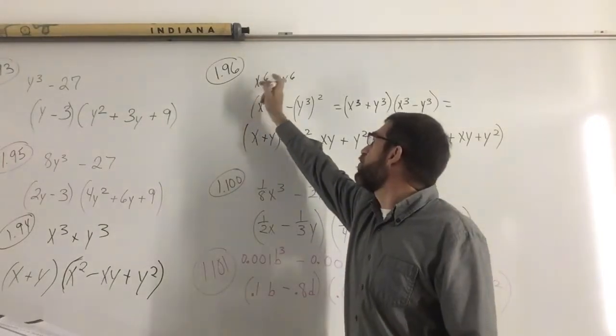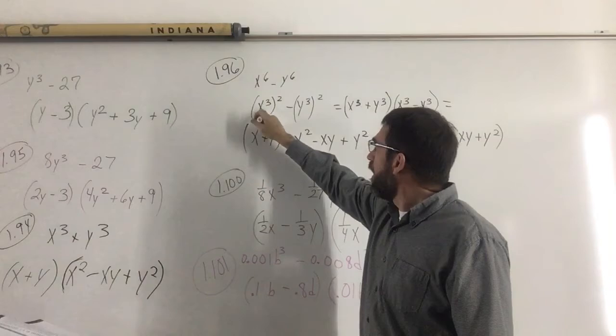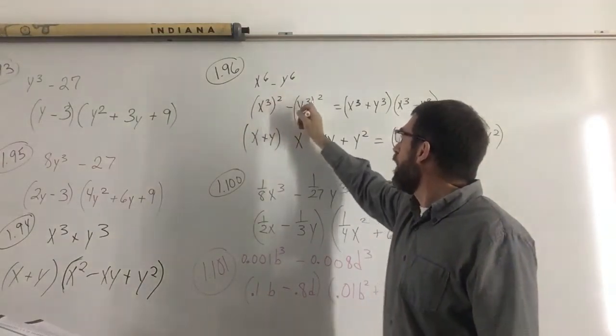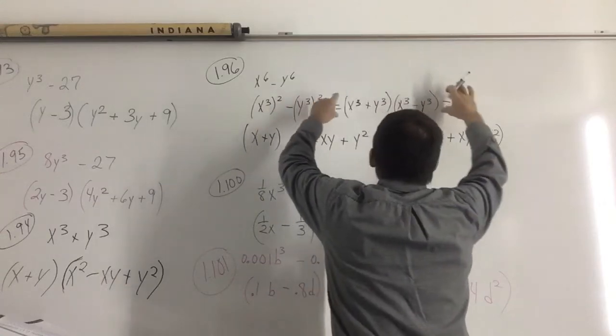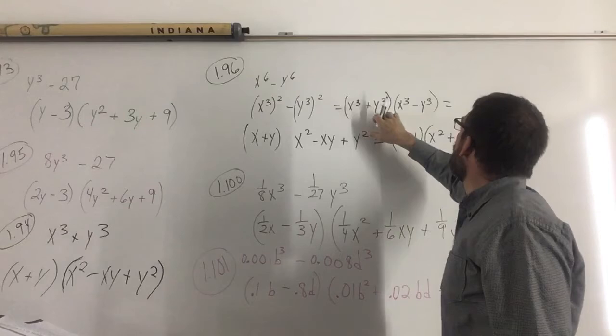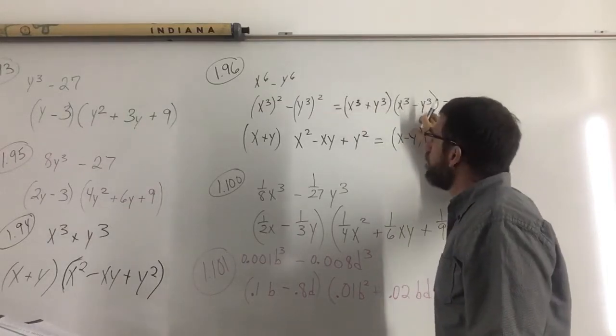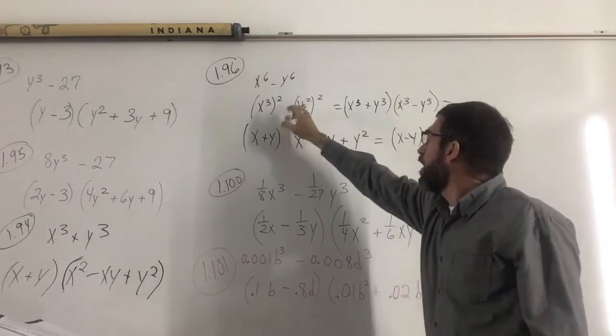196 is an x cubed negative y. No, x to the 6th power, y to the 6th power. I broke it down, x cubed 2, y cubed 2. See, I split it in half. I had 2 of each. Then I brought those 2 over here. And if you see, I put an x3 plus y3, x3 negative y3. Okay, so then from there, that's how I broke that apart.